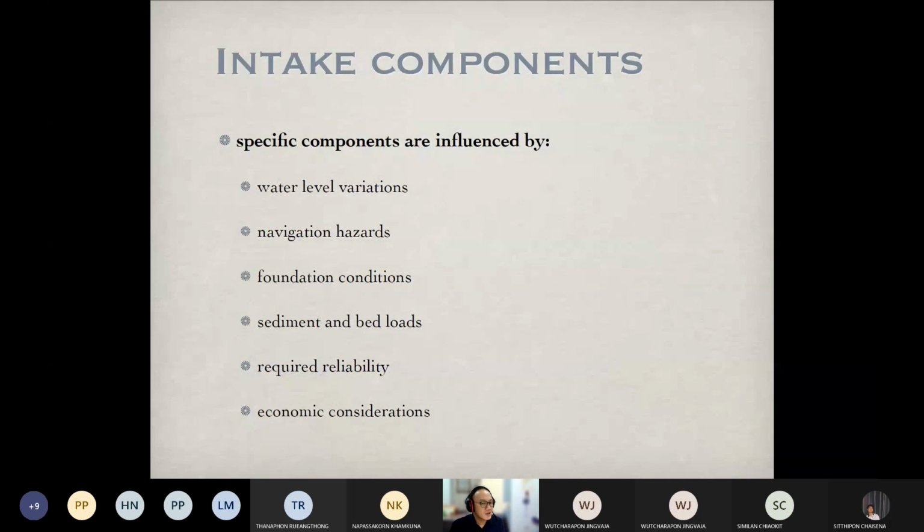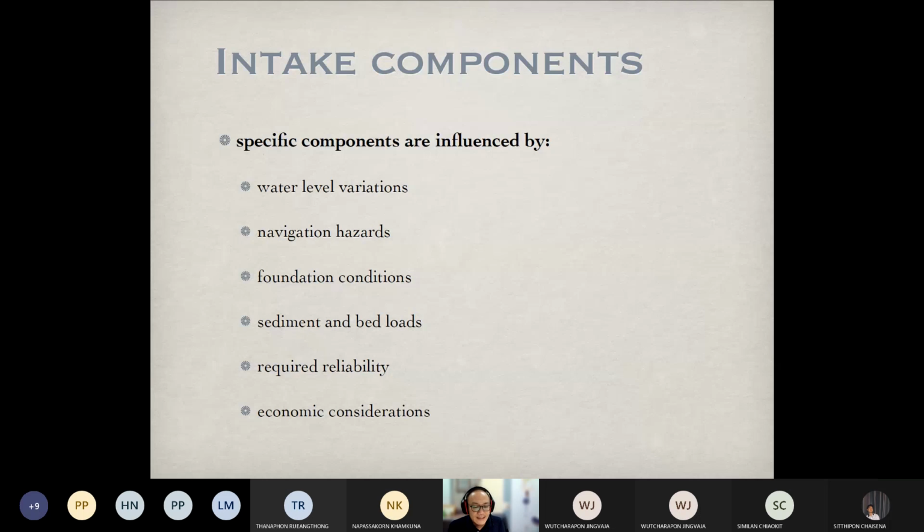So we should not withdraw water from positions near the sediments. It should be some meters above the sediments, or away from the bed loads.